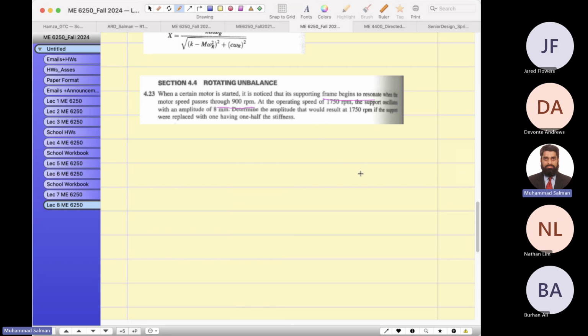So resonance is occurring at, let's convert it into radians, 2 pi n over 60. Here n is the resonance rpm, so multiplying by 2 pi over 60 gives you the answer in radians per second.